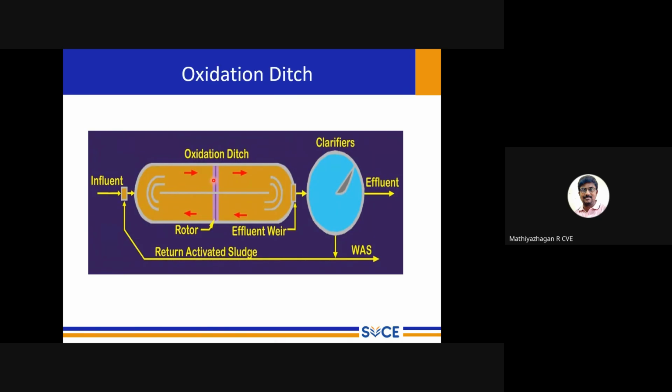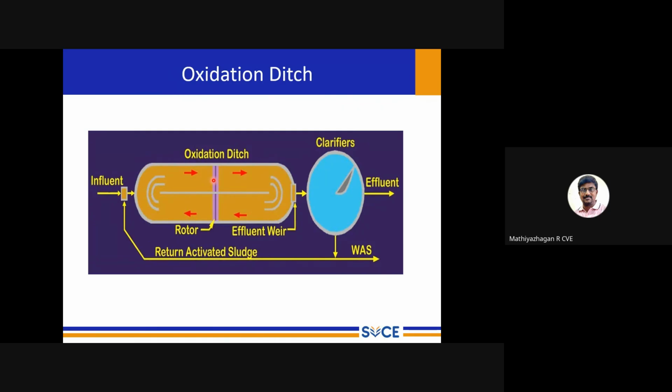Here we have an oval shaped ditch along with rotors. The rotor helps to do the aeration process as well as the mixing, avoiding any settling during the process, and it helps to maintain the velocity within the oxidation ditch. So it is a completely mixed process.